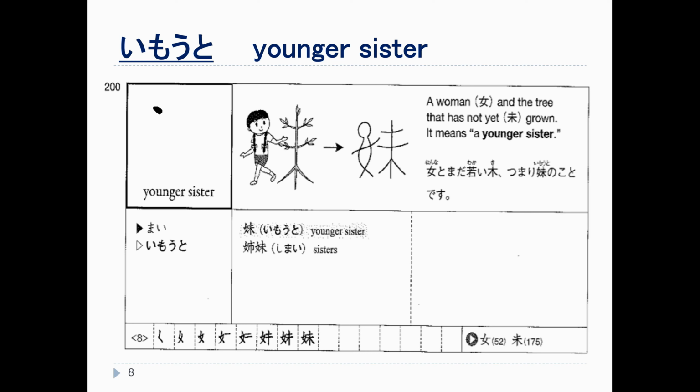Once again, 1 through 8. So this is imoto.